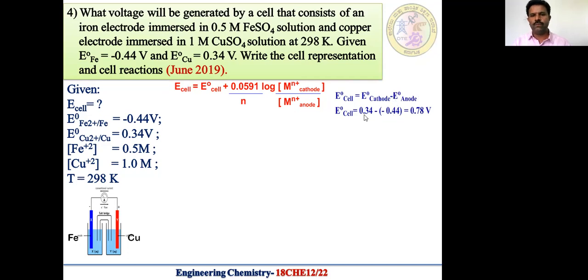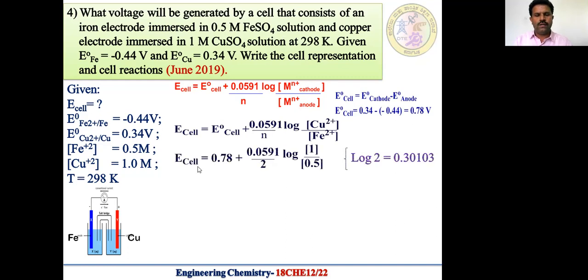The cathode here is copper because of its higher standard reduction potential value, that is 0.34, minus the electrode potential of iron, which is the anode, that is minus 0.44 volt. So the standard EMF of the cell is equal to 0.78 volt.